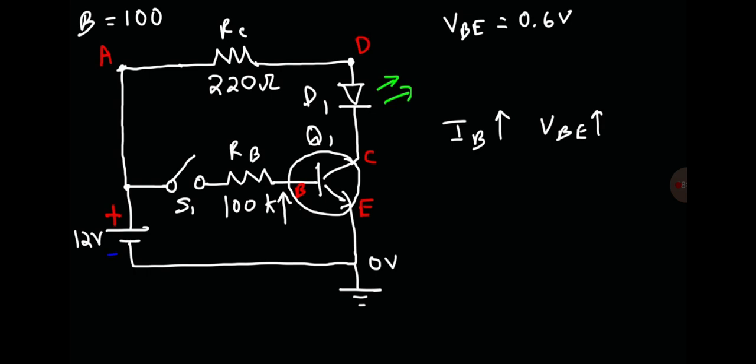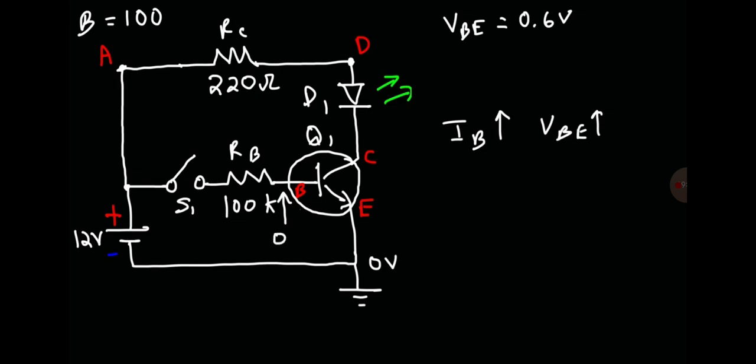So if the base current is very small, VBE is going to be close to 0.6 volts. If the base current is relatively large, let's say like 100 microamps or 1 milliamp, it really depends on the transistor, but VBE might be close to 0.7 volts. But for this problem, we're going to say that it's 0.6 volts to keep it simple.